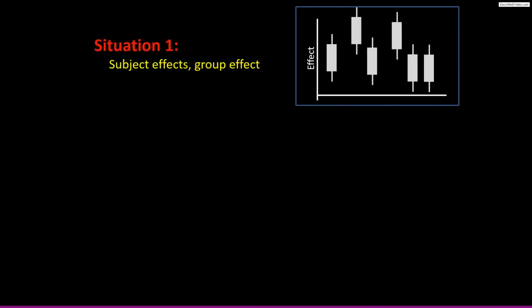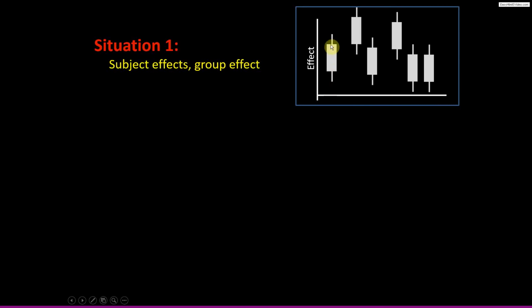So I'm going to present three situations that will show this distinction. Here's the first situation. You have single-subject effects and a group-level effect. Here on the y-axis is just some measure of effect size, something that's arbitrary. And now you imagine that each one of these is a subject. So we have 6 subjects in this experiment. I know it's not many for a group-level analysis, but you get the idea.